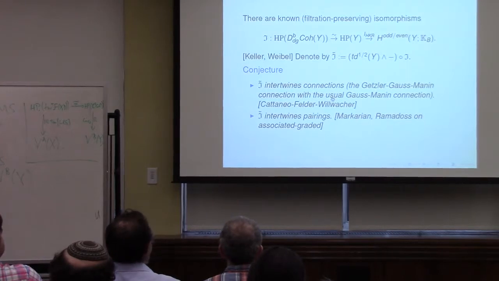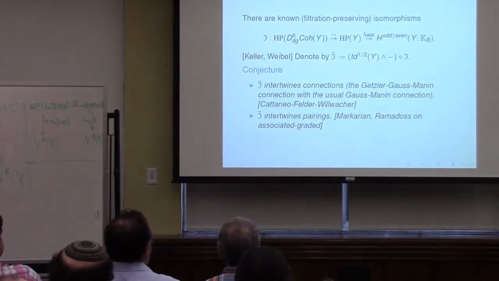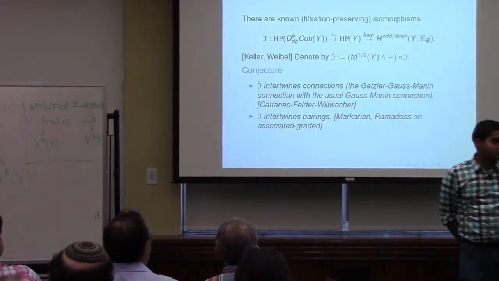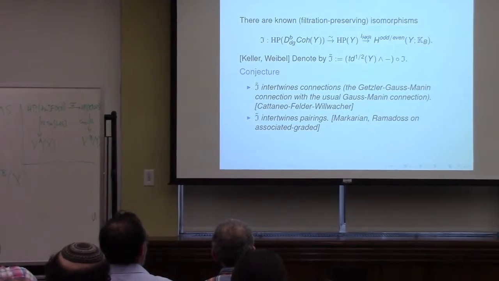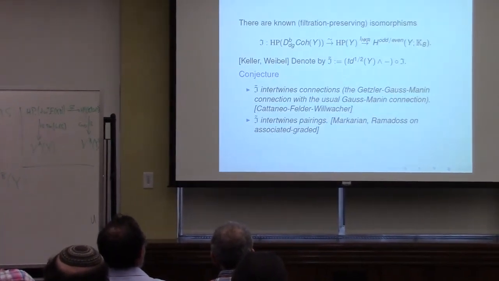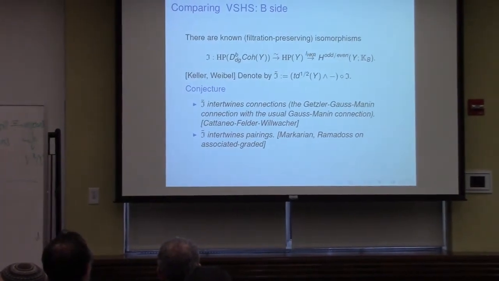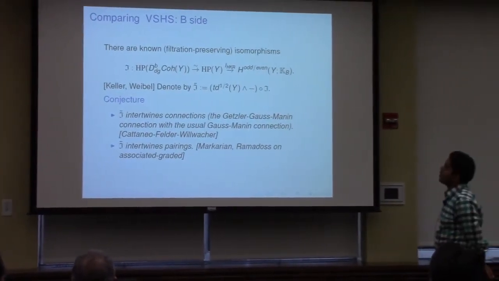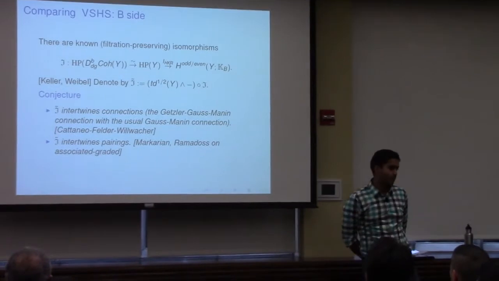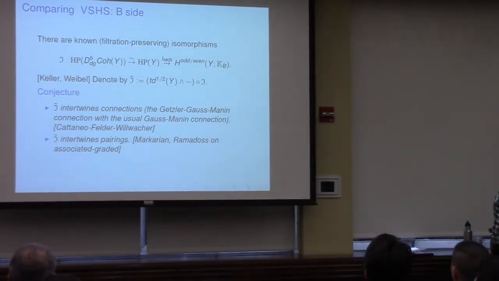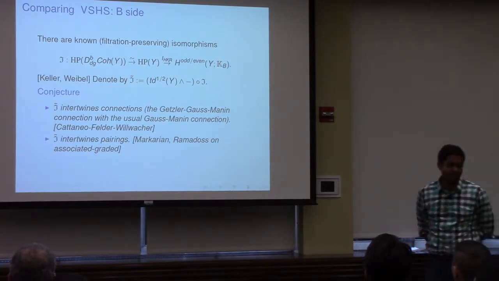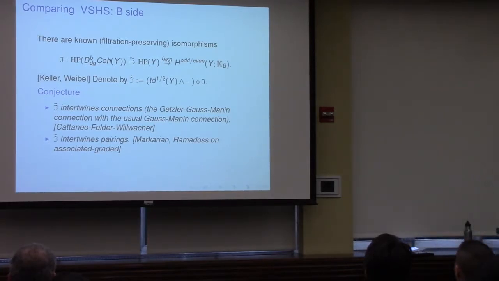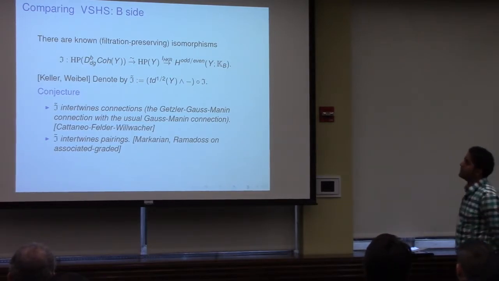Let me talk about the B side a little bit. We have known for quite a while that there are filtration-preserving isomorphisms that go from the periodic cyclic homology of coherent sheaves all the way to the de Rham cohomology, with its two-periodic grading. They pass through an intermediate entity, the periodic cyclic homology of the scheme, and the combination of these two isomorphisms is the isomorphism we're interested in, and it's due to Keller and Weibel respectively.